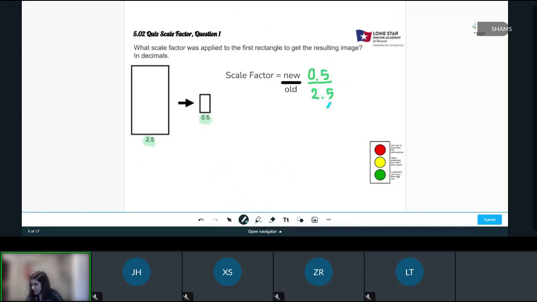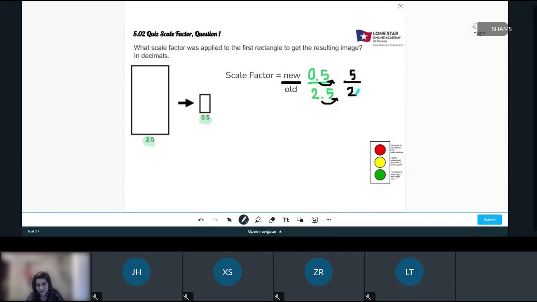So you have a decimal in both. If this is not so easy for you, I also suggest you can think about it like this. Multiply it by 10, make it a 5. Multiply the denominator by 10 and make it 25. So think about 5 over 25.